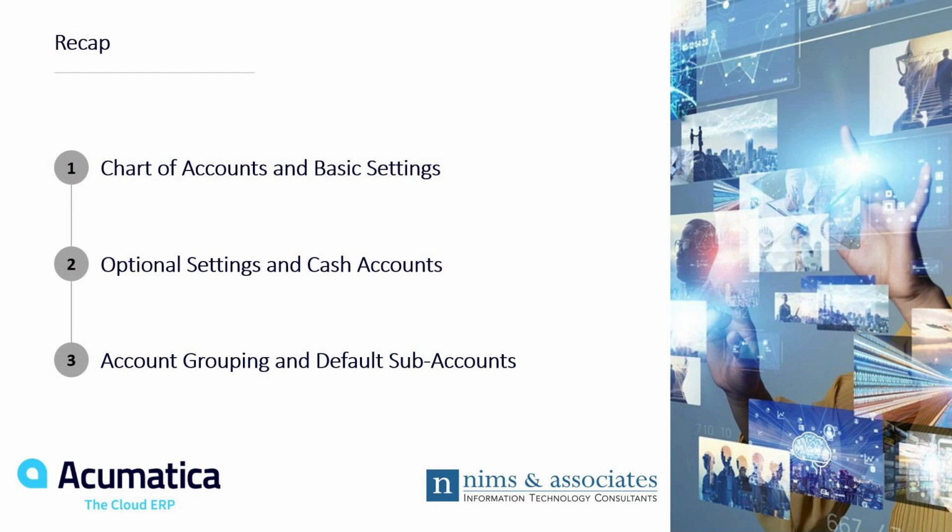Then we concluded with the account grouping row header, how it was used, and some of the account groups that were set up for things like revenue and labor. Then we briefly touched on what sub-accounts are and how they're used in Acumatica, and how they can be connected to the main account by using the default sub-account checkbox on the chart of accounts to allow much more granular reporting.